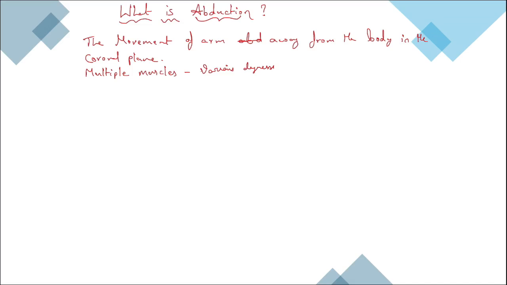Based on that muscle movement we can understand nerve related problems also. With various degrees, we can easily understand the nerves and angles. So, abduction degrees and control.